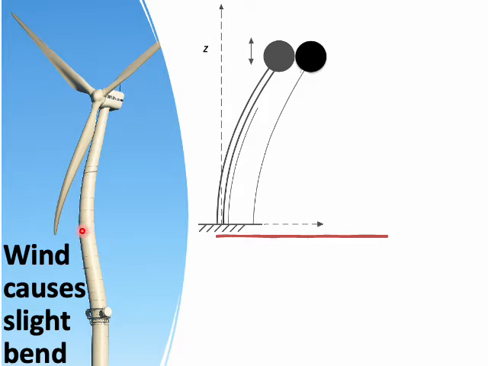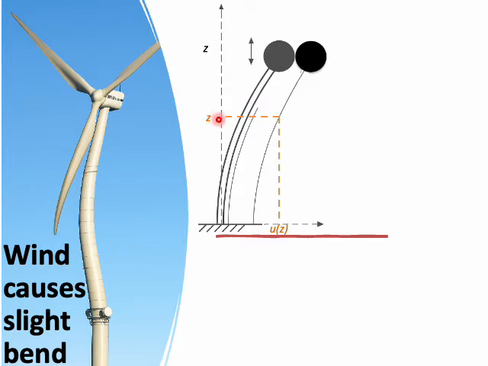Now, imagine the wind pushes the tower so it deflects sideways a little. Let UZ be the sideways displacement of the tower at a given height z.